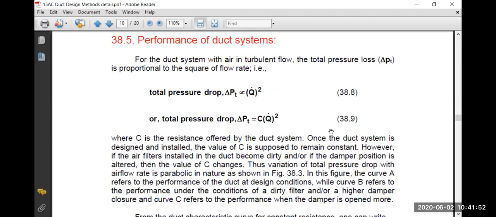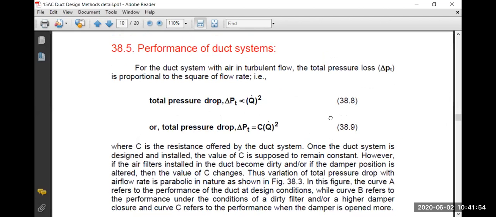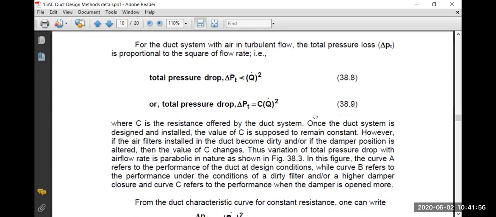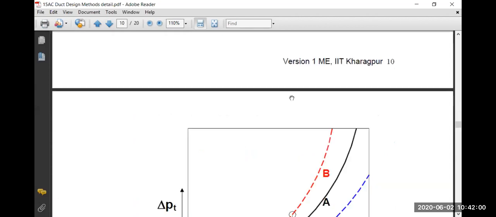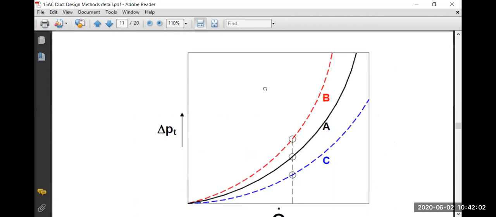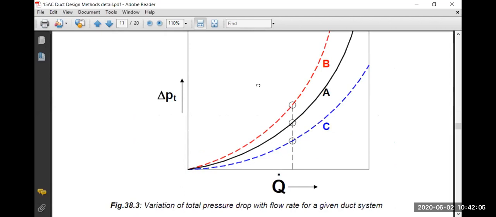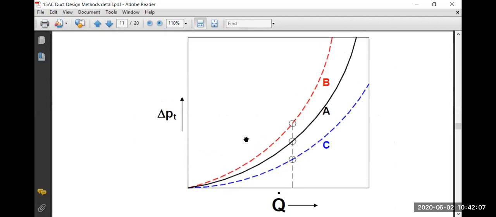Now, for that, we have to discuss this diagram, which is shown in my notes also, and it was discussed earlier in the previous lecture. Let us discuss only one part of that performance curve. This is the system design, this is the system performance. On the y-axis is delta P, the total pressure drop.